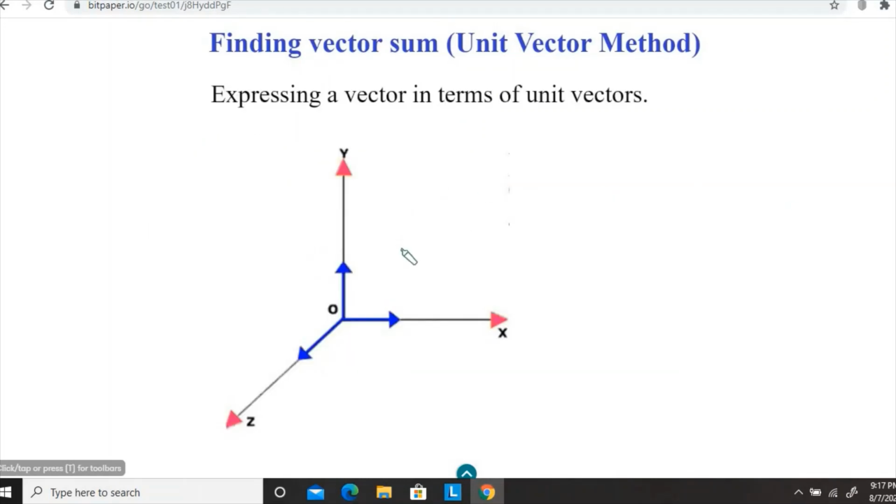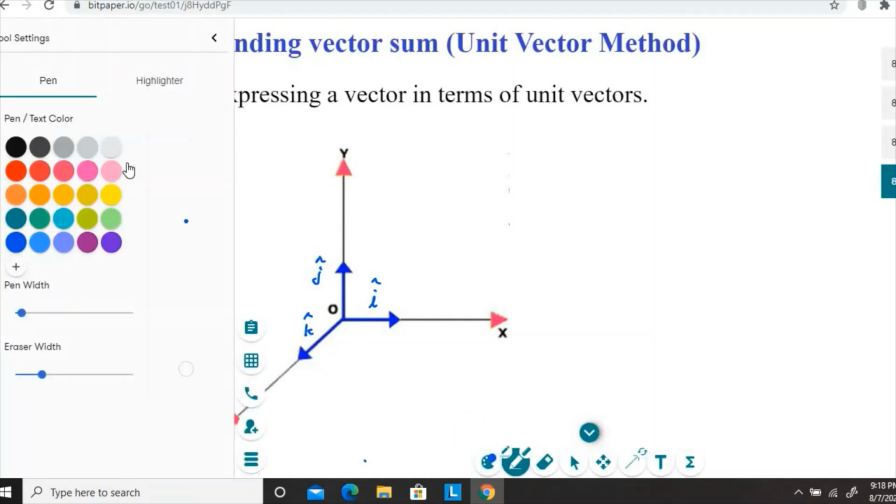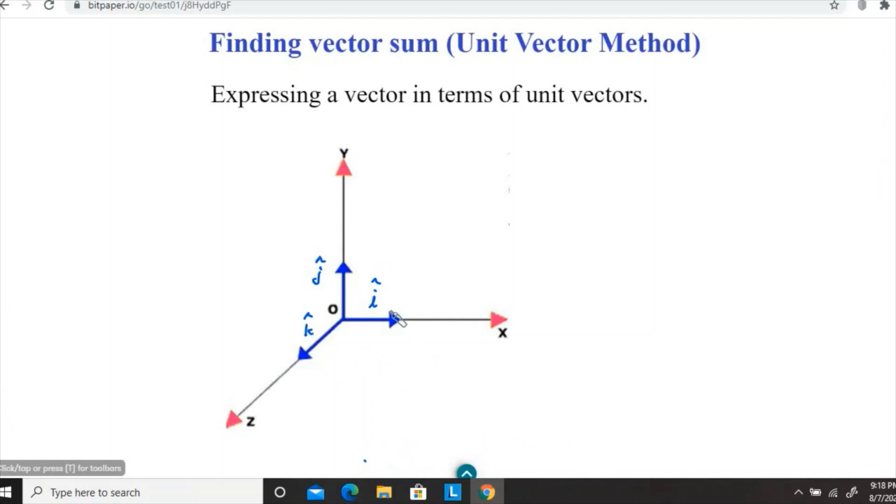Now, how do we actually express a vector in terms of these unit vectors? As you know, this blue arrow signifies the unit vector along the x direction. So that is our i hat unit vector. This unit vector is the j hat unit vector, and this unit vector is called the k hat unit vector. Now suppose that we have an object and that object moves in this 3-dimensional space. Let's say that it moves 2 units in the positive x direction.